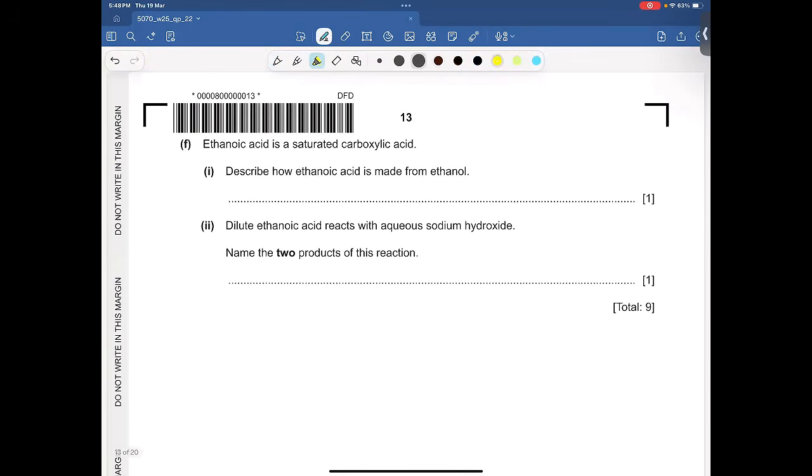Next, ethanoic acid is a saturated carboxylic acid. Ethanoic acid is made from ethanol. So ethanol needs to oxidize in the presence of potassium manganate 7.